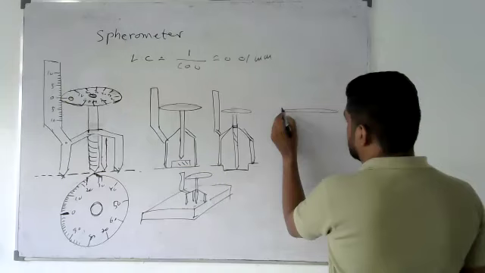Now this is 1 plus, you cannot take 22 directly, that is 100 minus 22 into 0.01. So it is 1 plus 0.78.